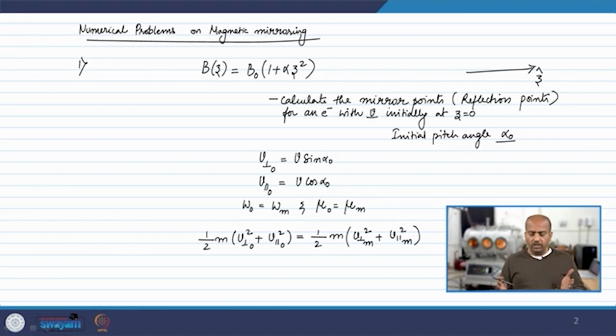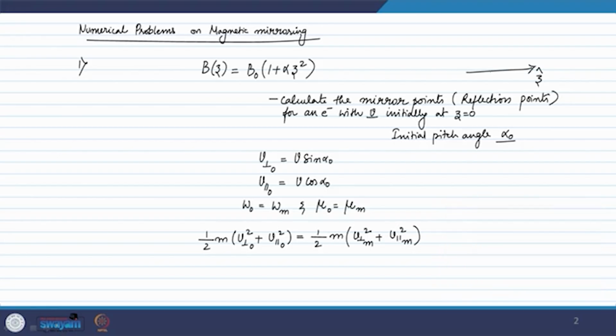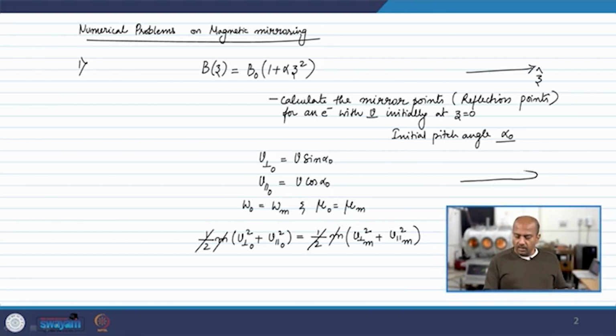What goes in between is actually a matter of interest. But as the particle is about to get reflected, the parallel component will not survive. So V parallel has to be 0. So at the mirroring point, this velocity component V parallel m has to be 0, and this part can be straight away neglected. So why is the velocity initially not 0 in the parallel direction?